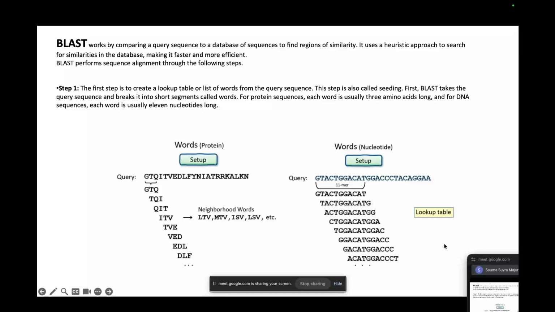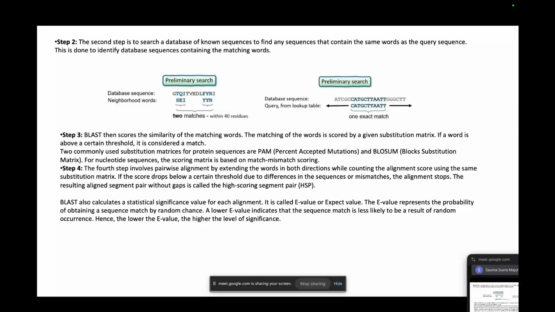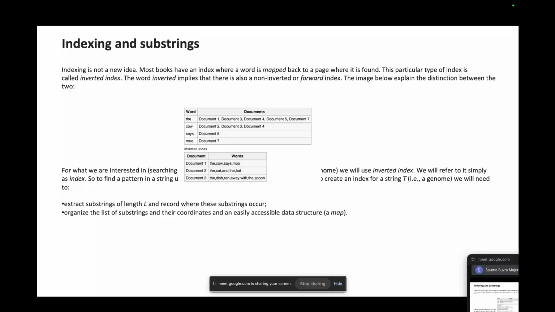I'm going to come to that a little bit later: what a lookup table is, what indexing is, and so on and so forth. But it uses lookup tables, which are additional data structures which help in searching for these reads in different locations. I'm not going to go into BLAST; you can directly look at that. If you're coming from a bioinformatics background, you must have studied BLAST.